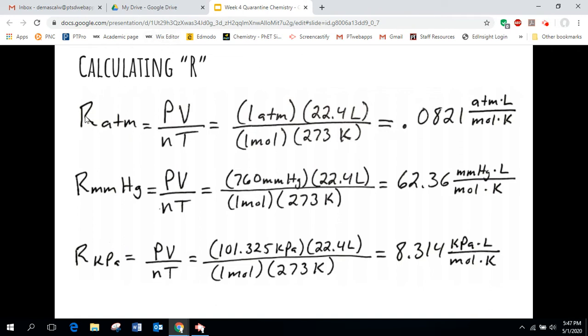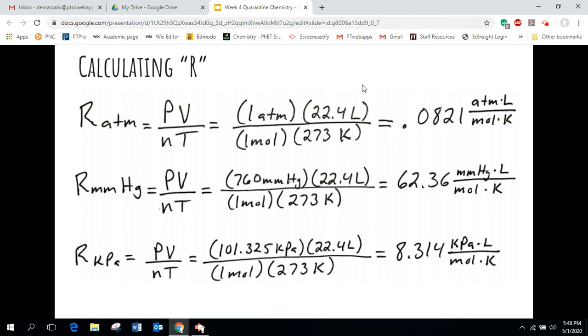But to find the ideal gas constant, if our pressure in the problem is in ATM, we take PV over NT: standard pressure at 1 atmosphere, standard molar volume, 22.4 liters, standard molar amount would be 1 mole and standard temperature is 273. If we take 1 times 22.4 divided by 1 divided by 273, we get 0.0821.